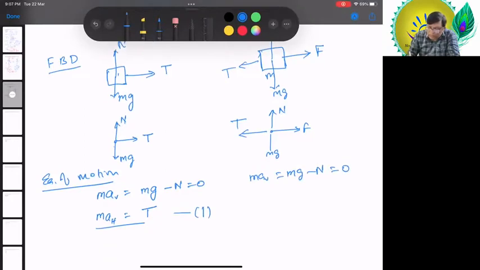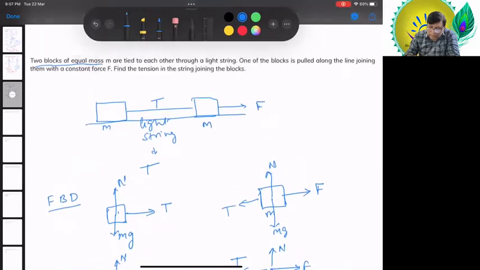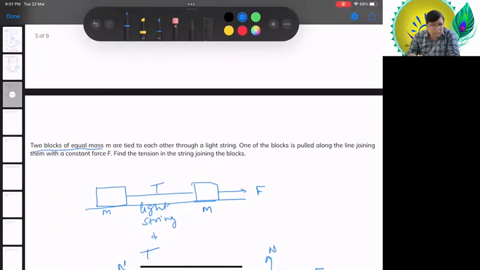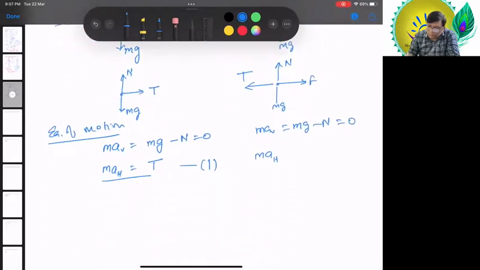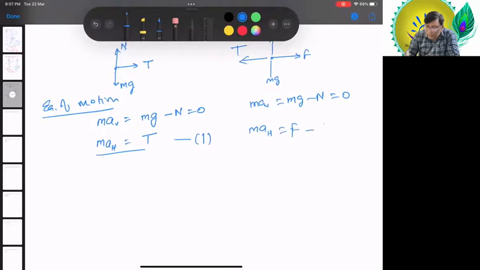In the horizontal direction, m a_h. Both will have the same acceleration because the string is taut. So m a_h is equal to F minus T. Let us consider this as equation 2.